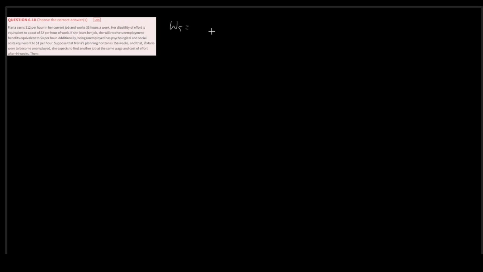We have a reservation wage, and that is J over H, B plus A, plus 1 minus J over H, and then V. What we could do is rewrite V as W minus C being our next best alternative, but we don't necessarily need to do that. Okay, so we have that written down just for our reference.